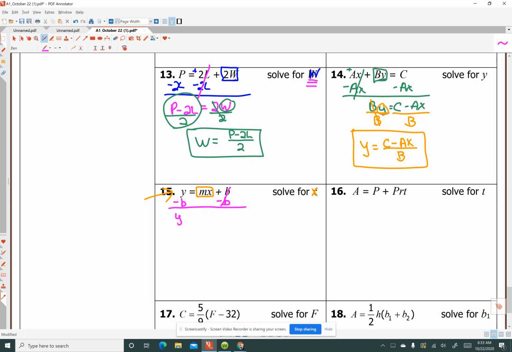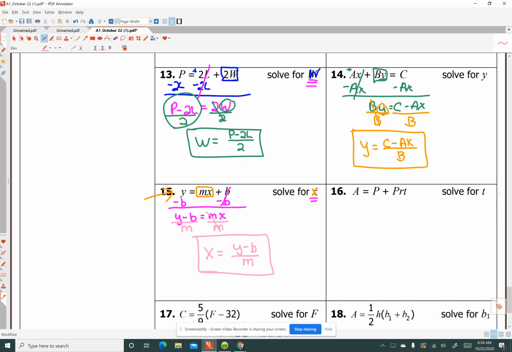So here on the left side, y minus b equals mx. Again, we're being asked to solve for x. X is being multiplied by m, so I will divide by m, and x equals y minus b divided by m, another very useful formula.